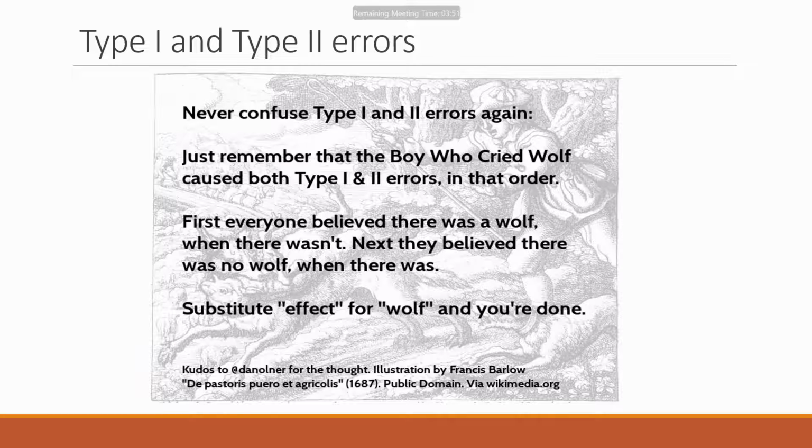And the second type: they believed there was no wolf, but there was. That means we deny our hypothesis. We don't believe it, we say it's not true, but it is true. That is the second one. When we do research, we often have the same problem.